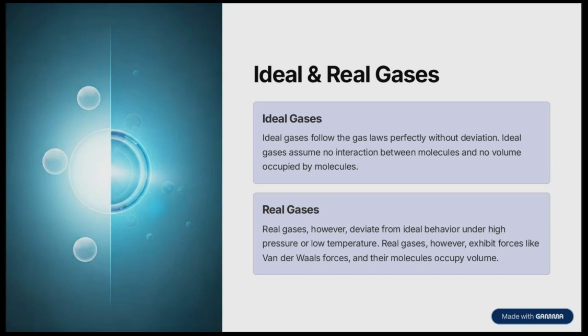So that's the idea between real gases and ideal gas. Ideal gas assumes that there is no interaction between the particles and that they have no size, no volume. But real gases deviate from ideal gas in some particular conditions.